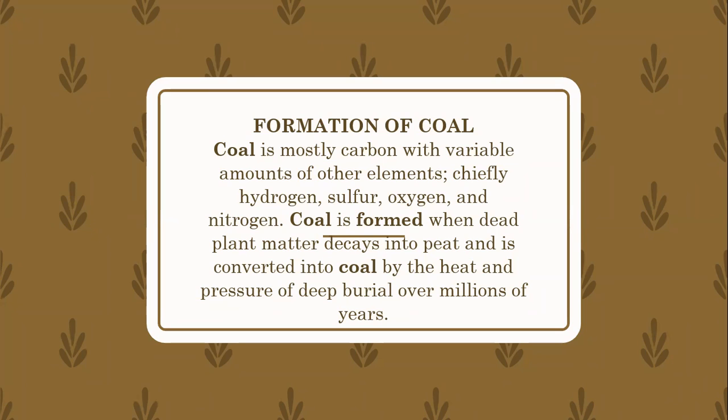Actually it is formed when dead plant matter decays. जब कोई झाड़ गिर जाता है, कोई दरख्त गिर जाता है, कोई plant because of deforestation sometimes or usually natural disaster गिर जाते हैं तो slowly वो जमीन के अंदर चले जाते हैं. In that particular area this plant will be converted into peat, जो सड़ना शुरू होते हैं.